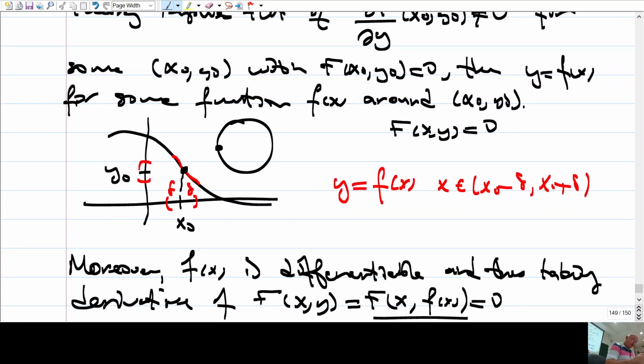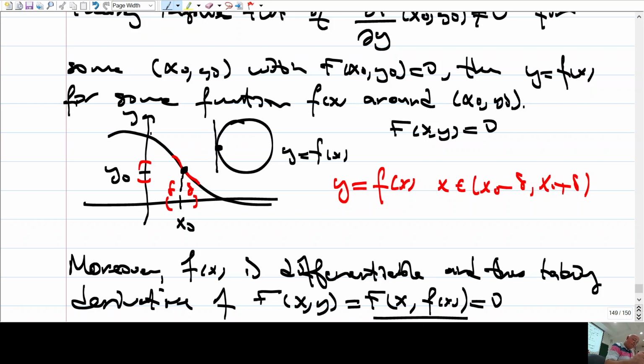Mesela şurada çözemezdim bunu. Niye? Here, for example, at this point, I couldn't solve this like this. Why is that? Because the derivative with respect to y in this case would be 0, right? This is the y-axis. So the tangent line is like this.